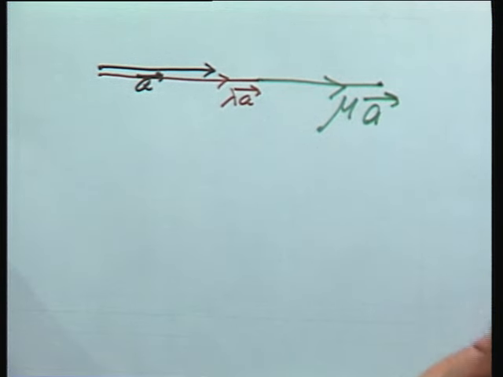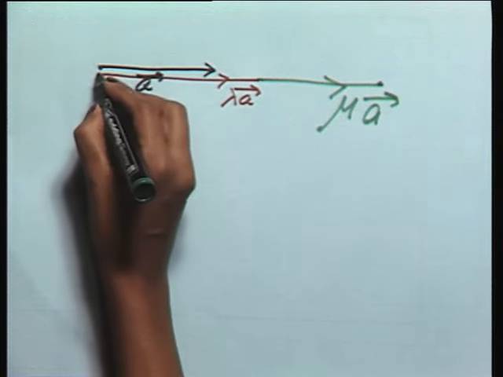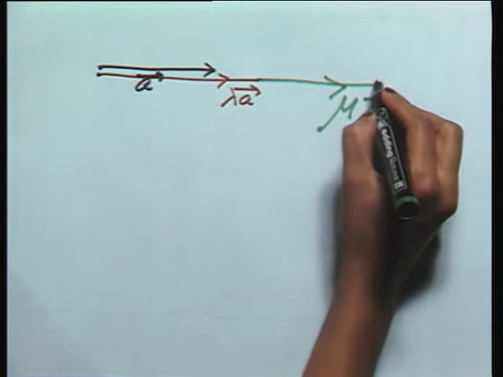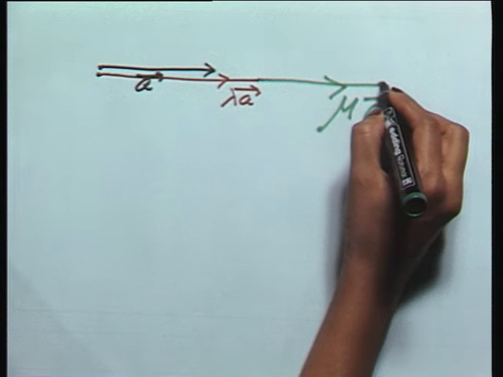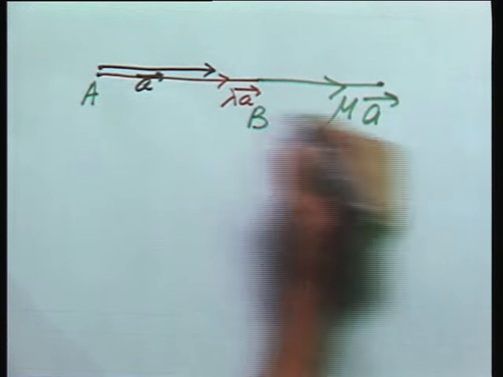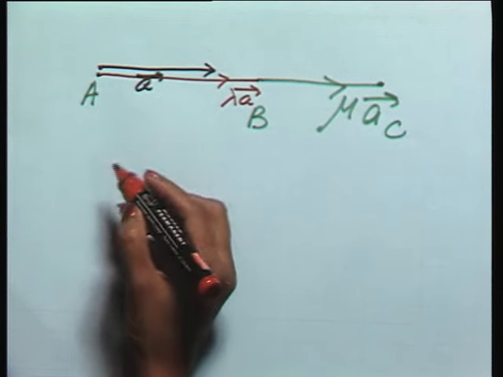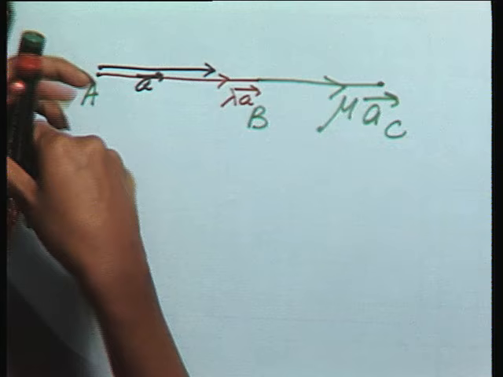And so, (lambda plus mu) of A would be the vector starting at the initial point of lambda A and ending at the terminating point of mu A. If we call this A, this B and this C, then the vector lambda A plus mu A would be the vector AC.